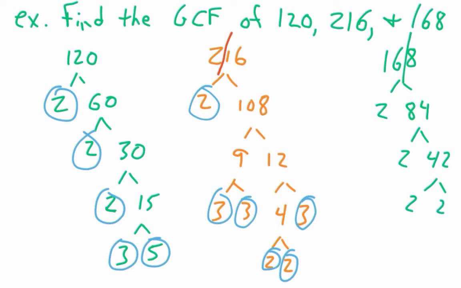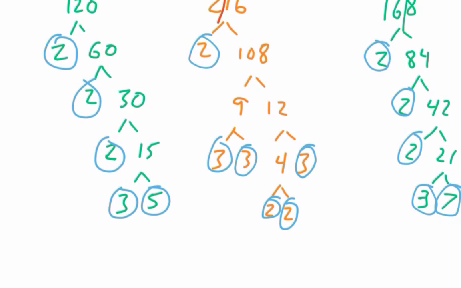I could do 6 and 7, but 2 and 21. 3 and 7. See those there? 3 and 7. All right, so now we have all of our prime factors for this one.